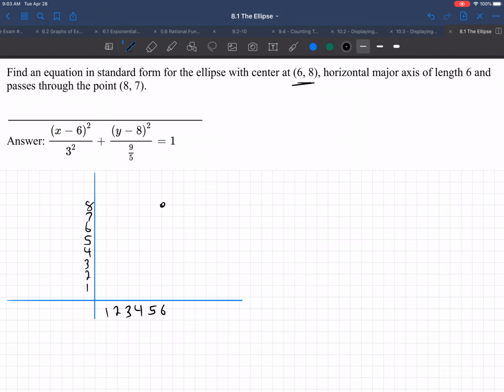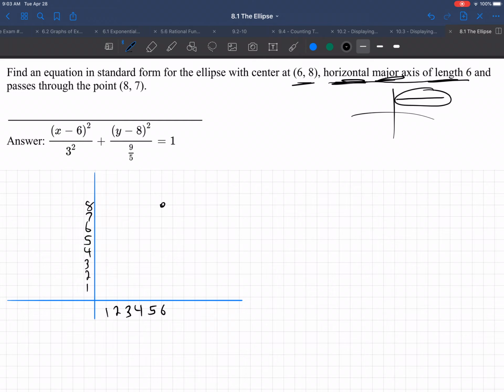And it has a horizontal major axis of length 6. So the major axis is the horizontal. That means this thing goes more sideways than it does up and down, right? It's wider than it is tall, and the length is 6.